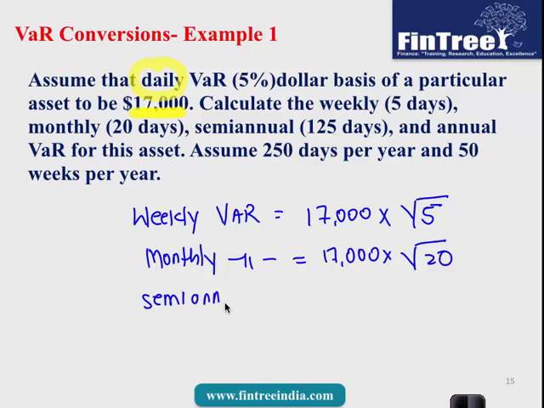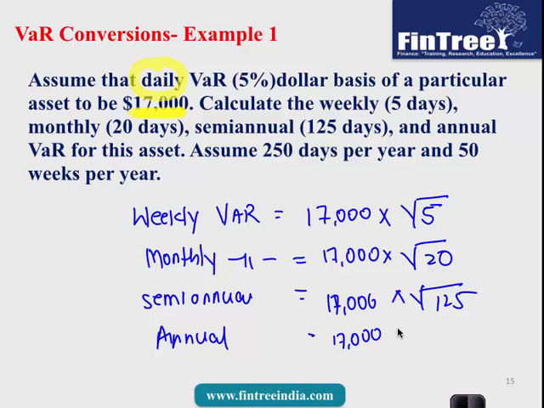Semi-annual you would multiply with under root 125, and if you want to convert that to an annual basis, 17,000 multiplied with under root 250. Are we okay?